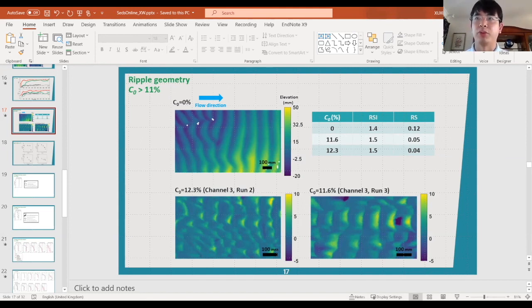For example, if we just add 0.1 EPS, the threshold bed cohesion may be decreased. I guess under similar hydrodynamic conditions, if we add the EPS in the bed, this kind of ripples could be generated even at very low clay content, so that you can observe the discontinuity at a very low clay content.